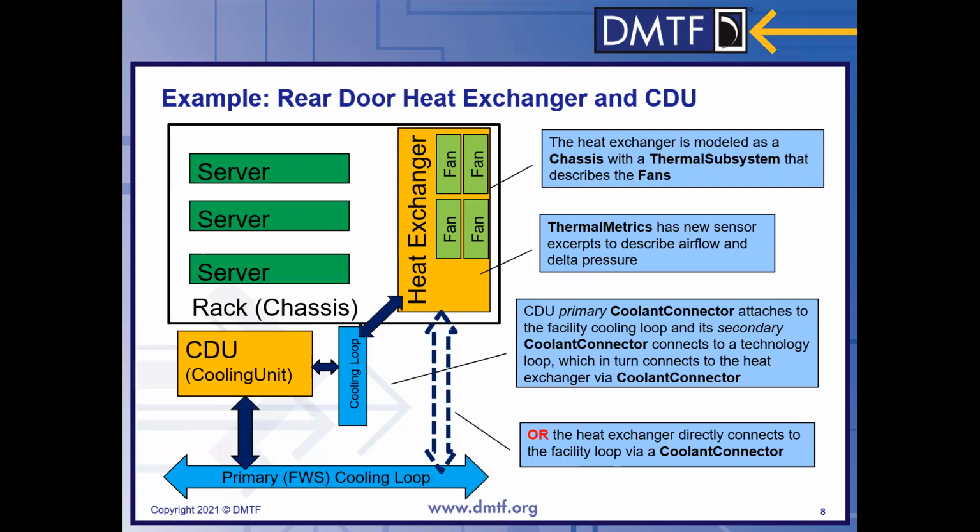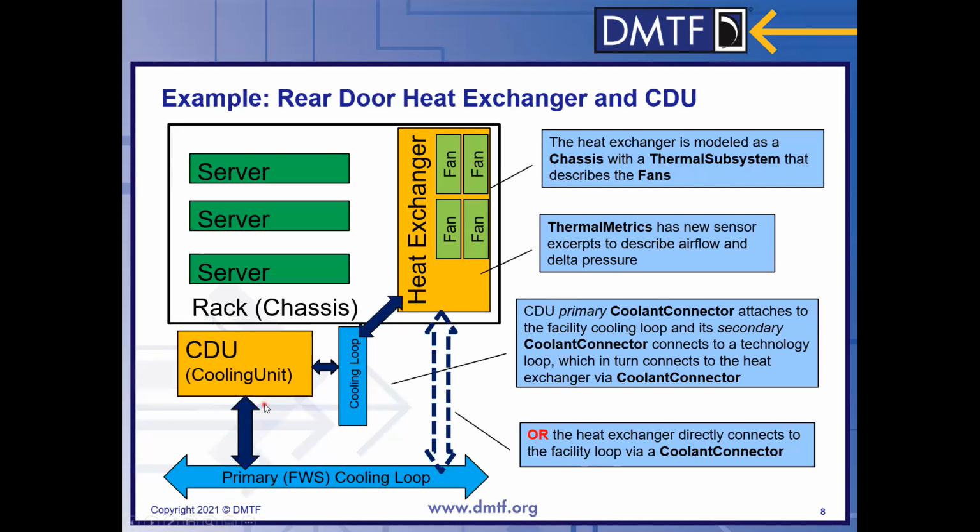So briefly, this is an example implementation, or at least a simple block diagram of one. In this case, you see here we have in the yellow box a CDU. So there's the cooling unit, the model. That cooling unit has a connection down to the primary side, the cooling loop of the facility water system.